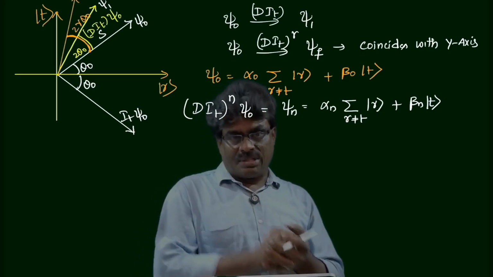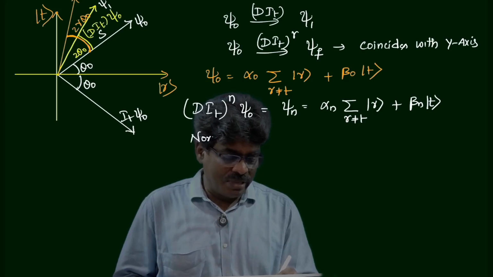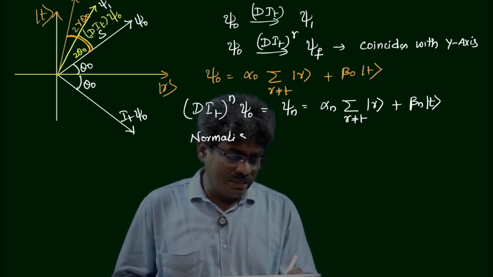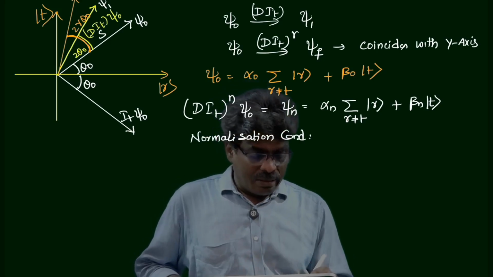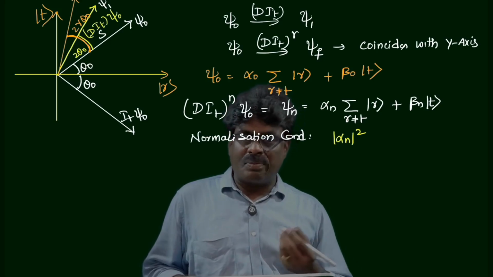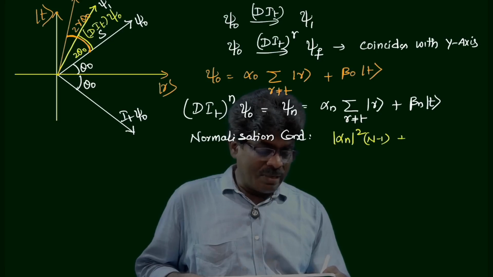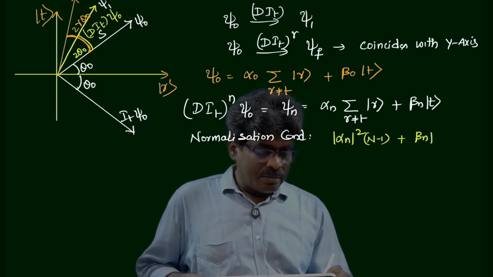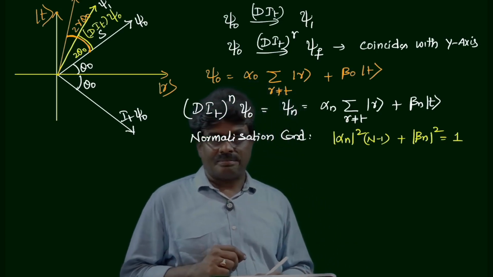Now apply the normalization condition, which is nothing but alpha n mod square, maybe it's a complex number, that's why we are taking mod square, and there are n minus 1 of them, plus beta n mod square should be equal to 1.